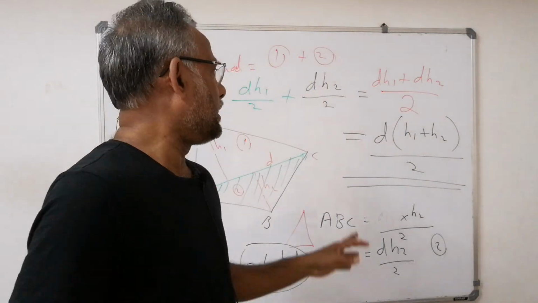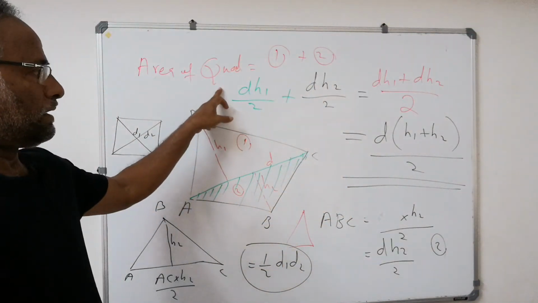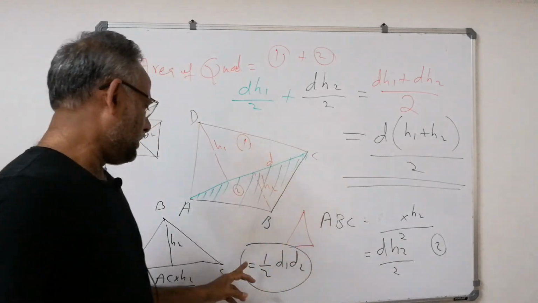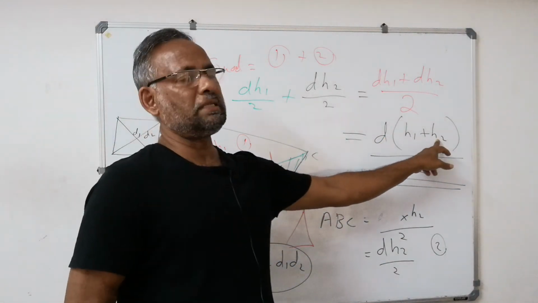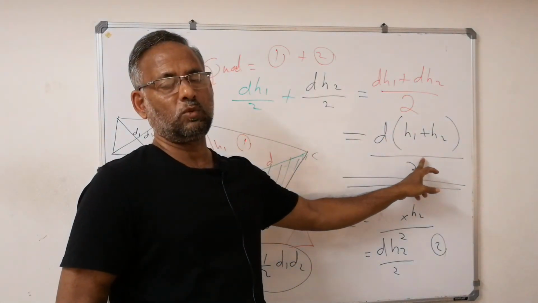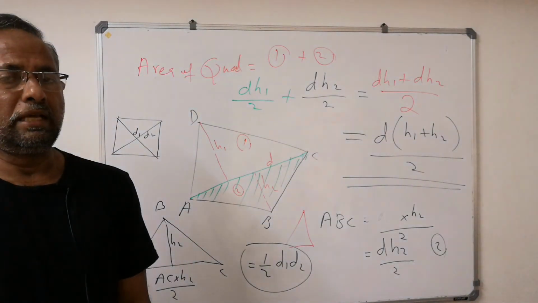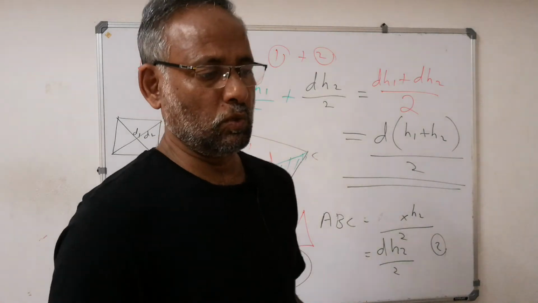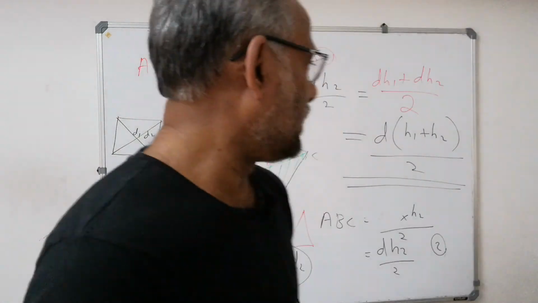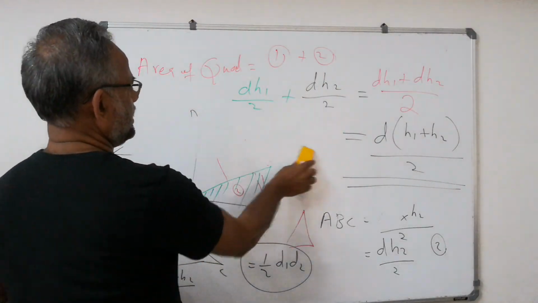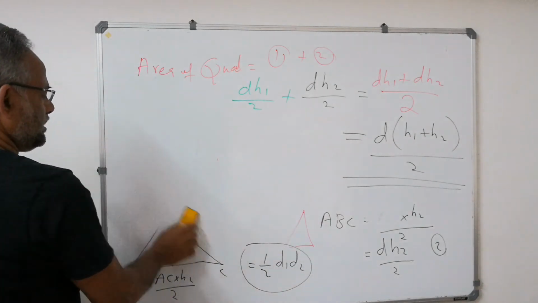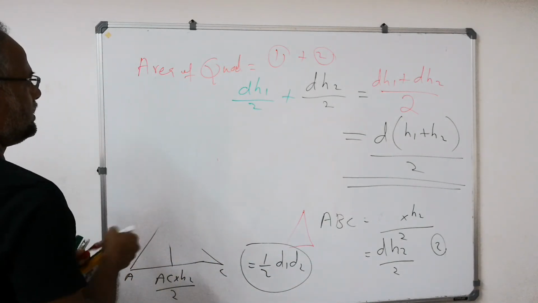But for area of a quadrilateral, D is there, and H1 plus H2 by 2. Study this one. Area of a quadrilateral is equal to D into H1 plus H2 by 2. Before that, area of a trapezium is equal to, what is it?